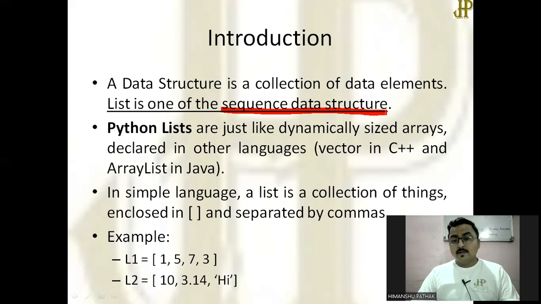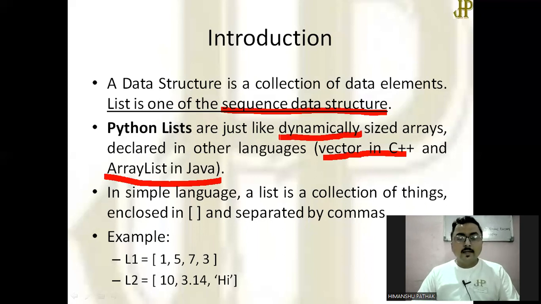What does it mean? It means it looks like an array which we use in various other programming languages like C or C++. But there is a small difference, and it is more similar to vectors in C++ and ArrayList in Java. Why? Because of dynamically sized arrays.